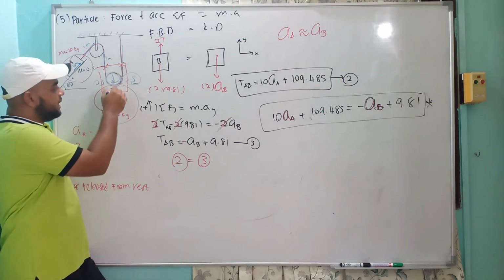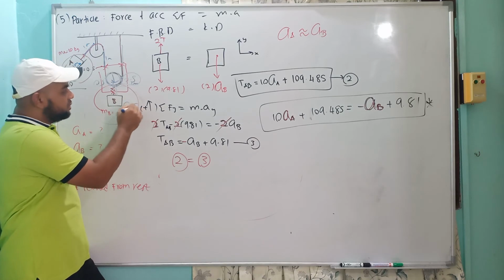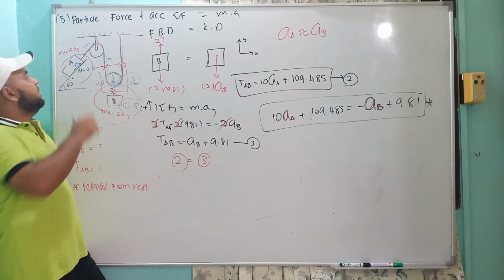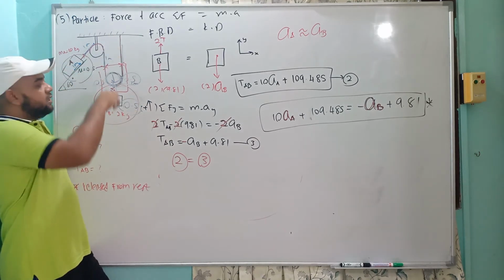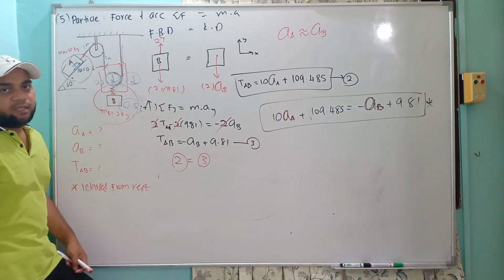And this is related directly to B. If A moves upward 1 meter, B will move 0.5 meter.